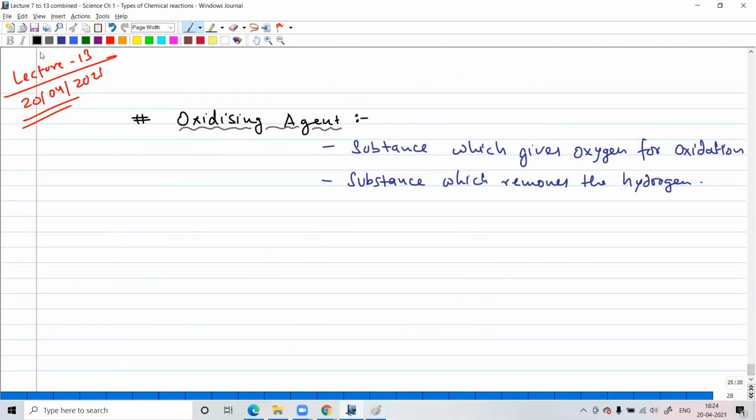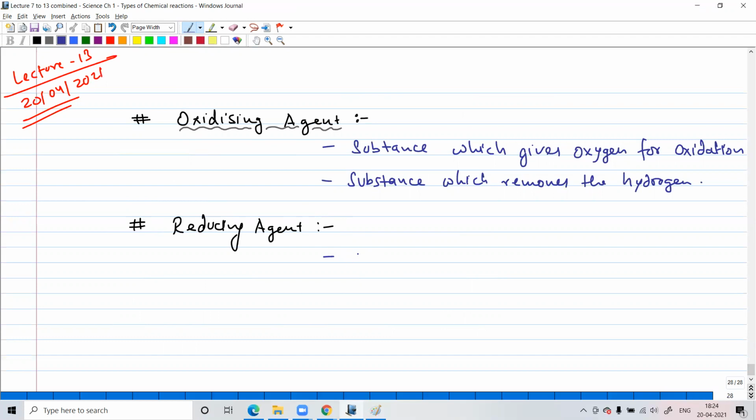Same way, can anyone tell me what I should write for reducing agent? A substance which gives hydrogen for reduction, and the second point will be the substance which removes the oxygen.